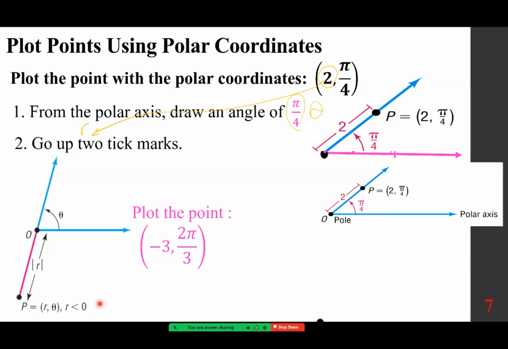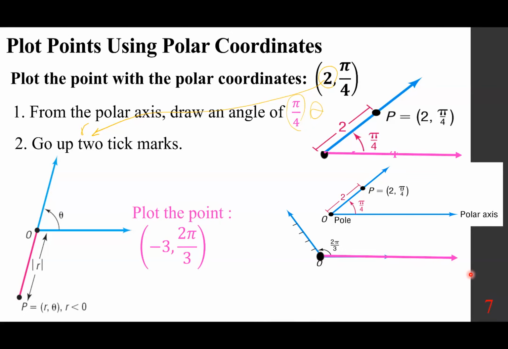So what do we make? This is the polar axis. We make the angle 2 pi over 3. And if it were positive, we would put 1, 2, 3 here and we would be done.